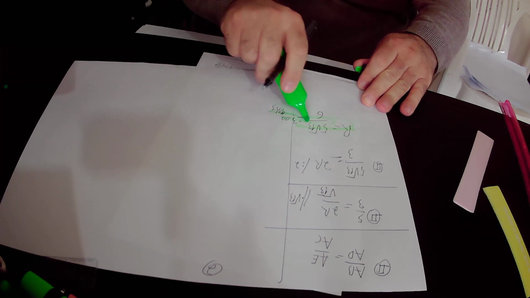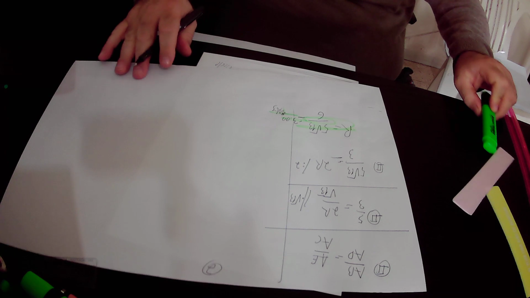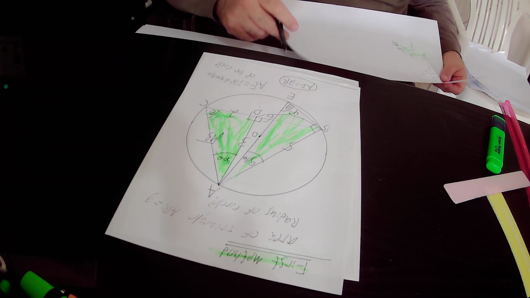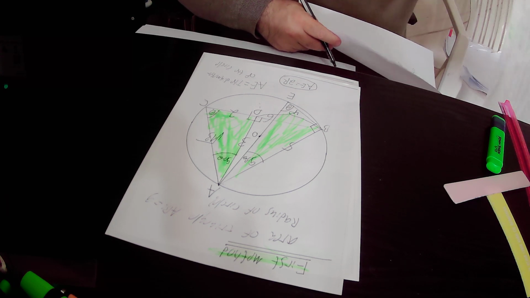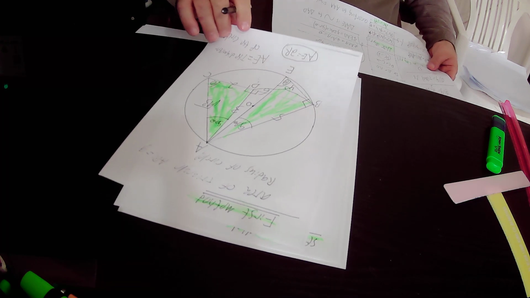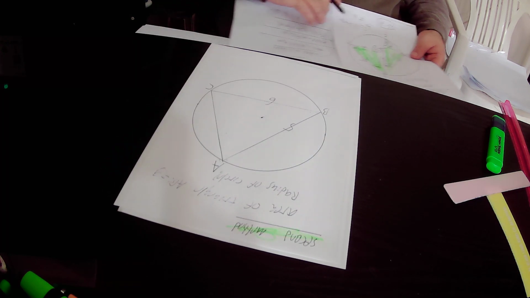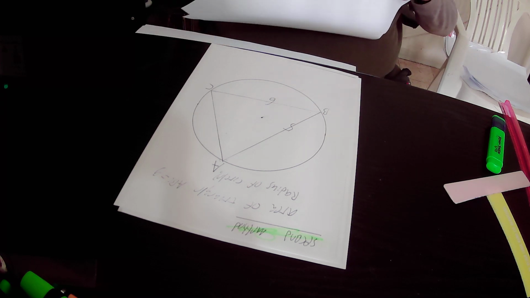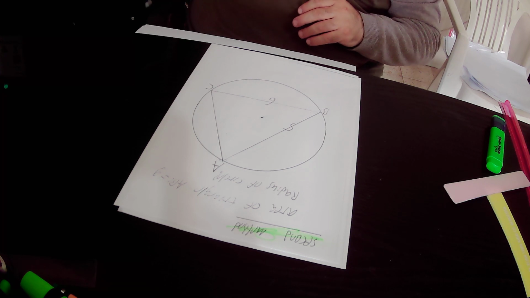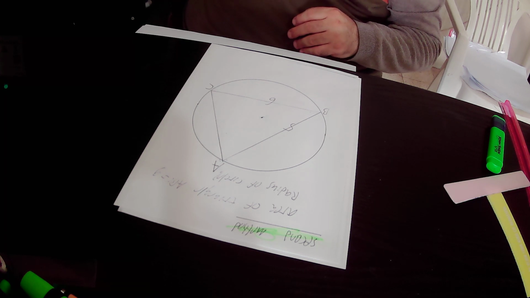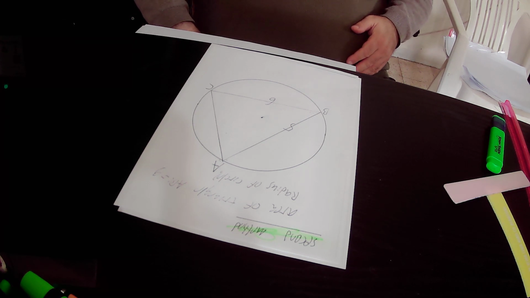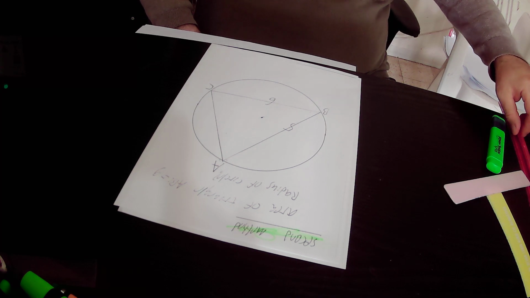In the next step I will present to you how to find the radius of this circle according to the second method. In the second method, we'll use all the things that we already found out in the first method.